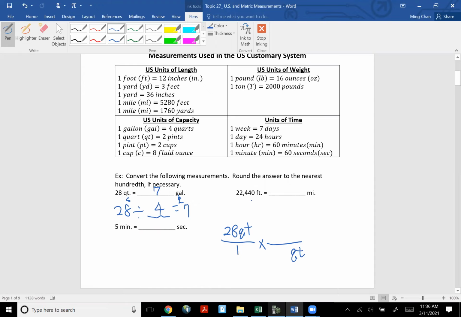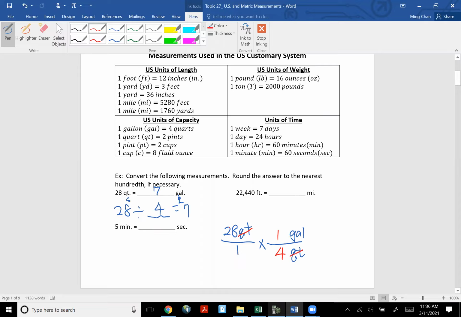Quart to gallon is a direct conversion, so I can put my gallon up top. Once the units are in place, you can write in the numbers, which are the conversion between quart and gallon, or their ratio: 1 gallon for 4 quarts.